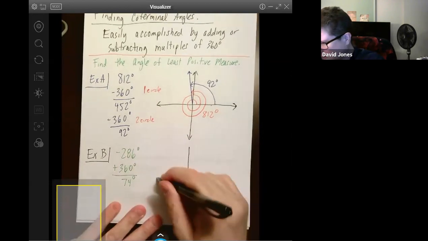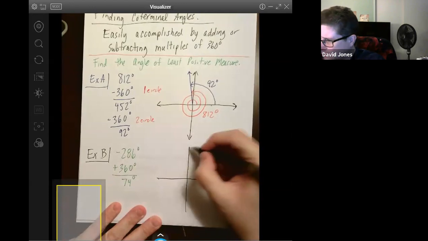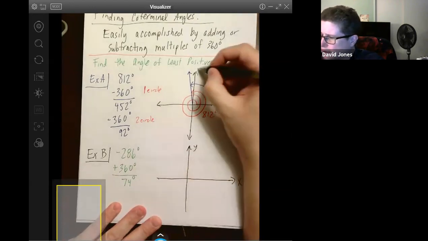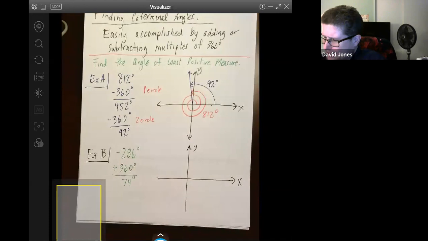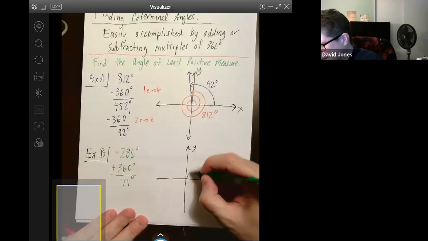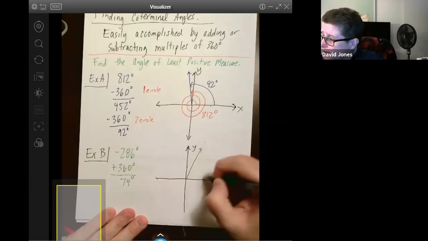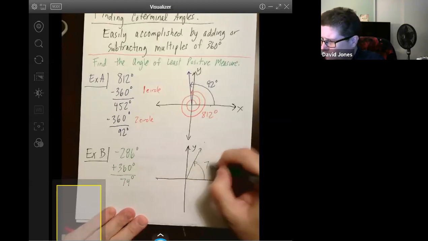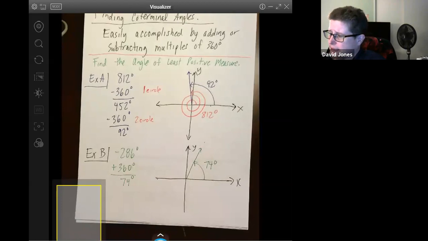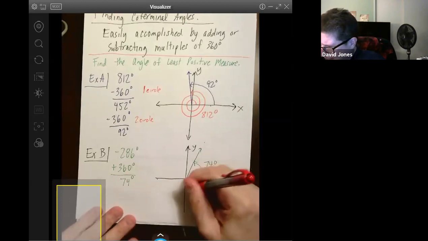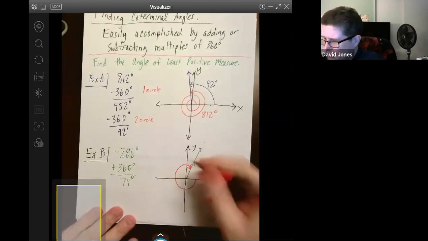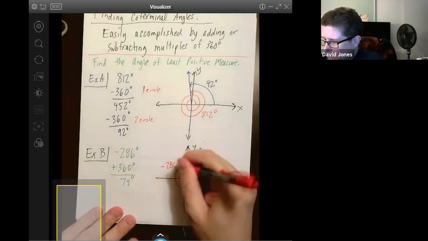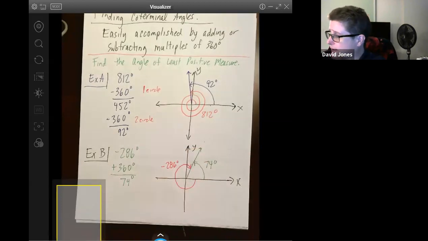So 74 degrees is about there. That's 74 degrees, and this is negative 286 degrees.